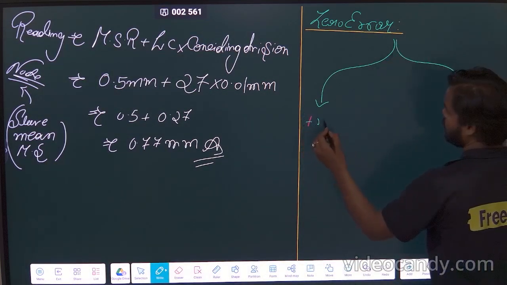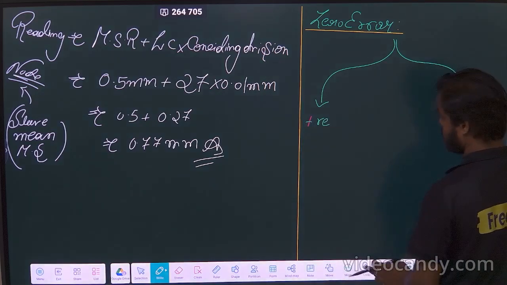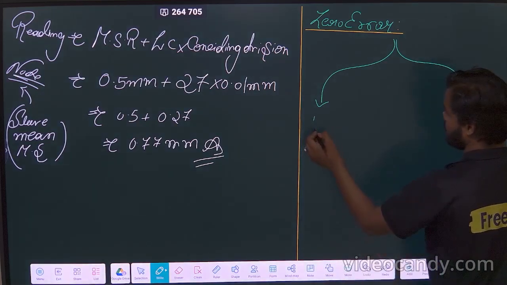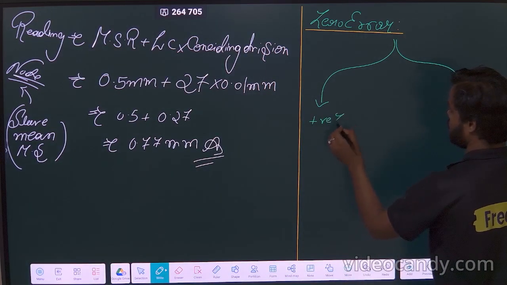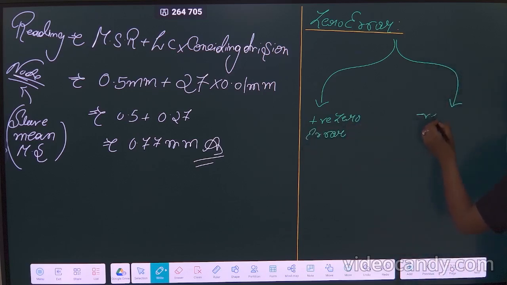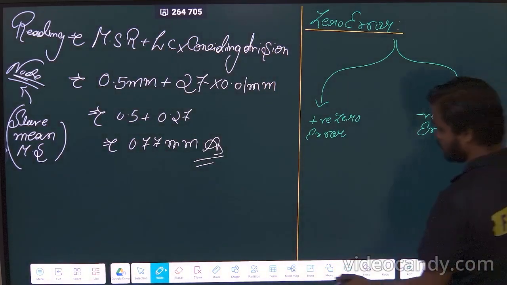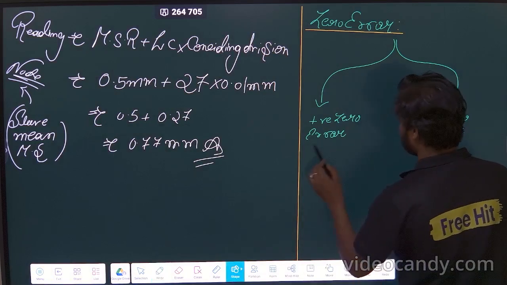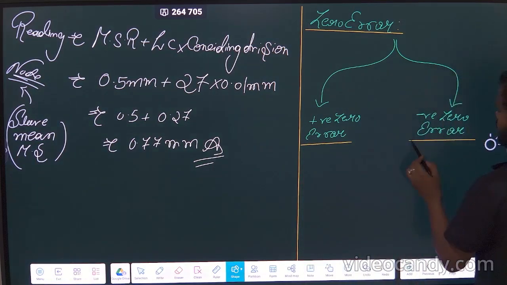You also know what is positive zero error, what is negative zero error. Yes or no? This is my positive zero error, and this is my negative zero error.